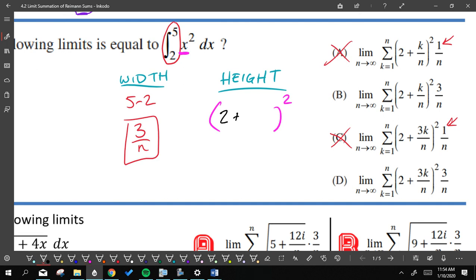And in this case, they're using the letter k instead of I. That's fine. 3k over n. So which choice is it here if that's my width and that's my height? B or D? D, because I want that 3 in front of my k, because my width was 3. Kind of makes sense on how that works.